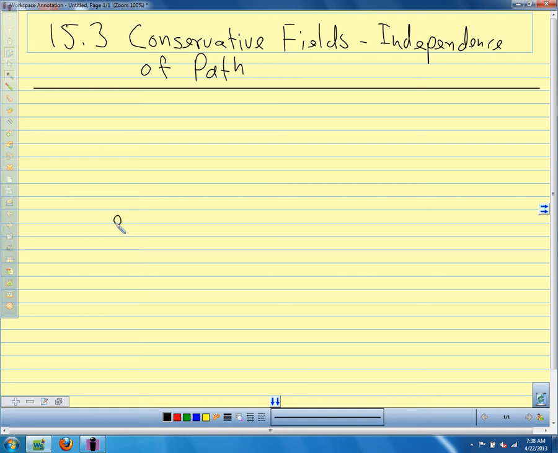Let's say we have either a charged particle or some kind of mass, like a planet or something, and we're imagining the work done by the gravitational field or the electric field as we're moving some particle away from this mass.